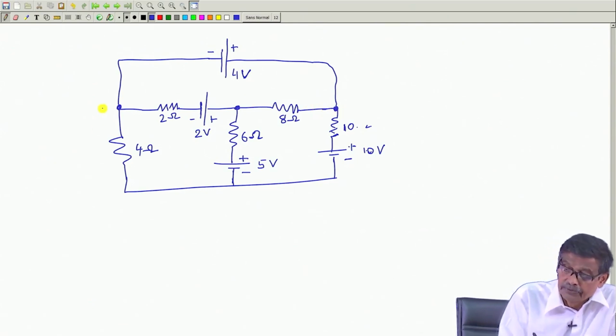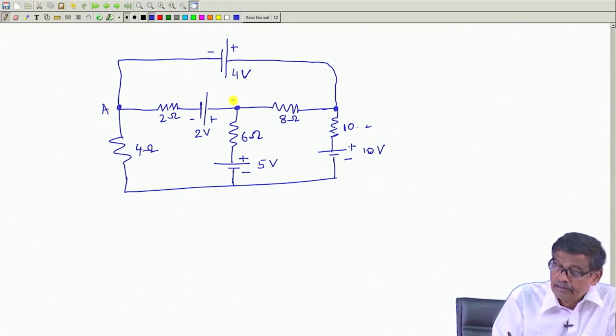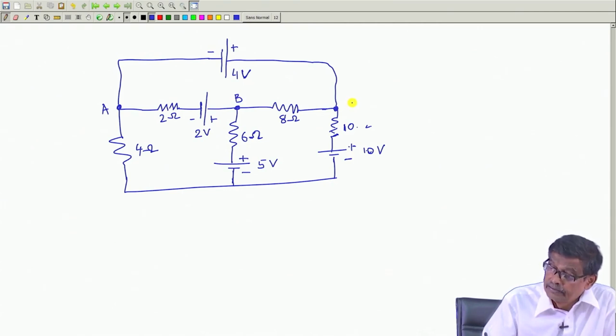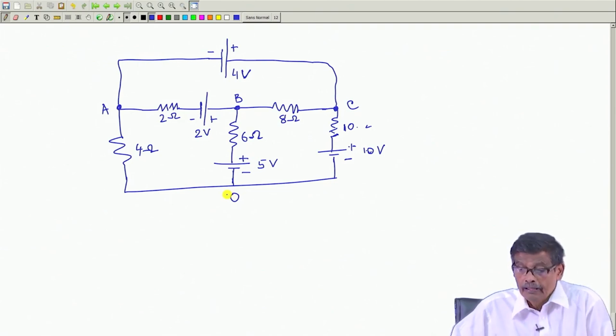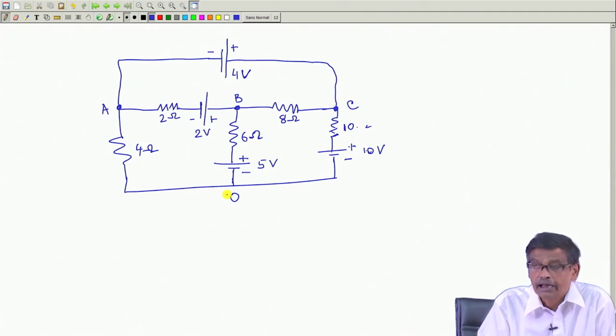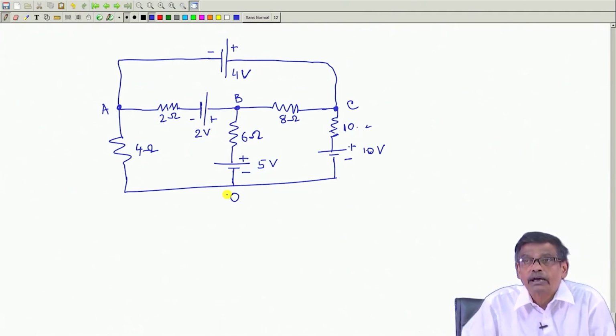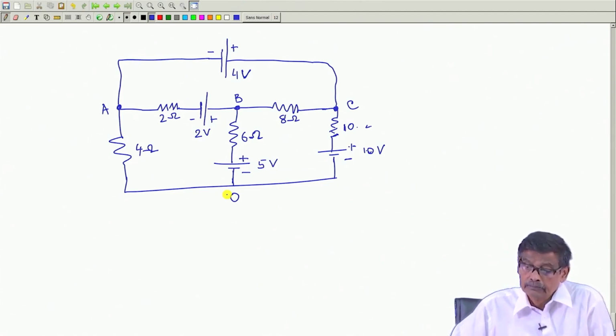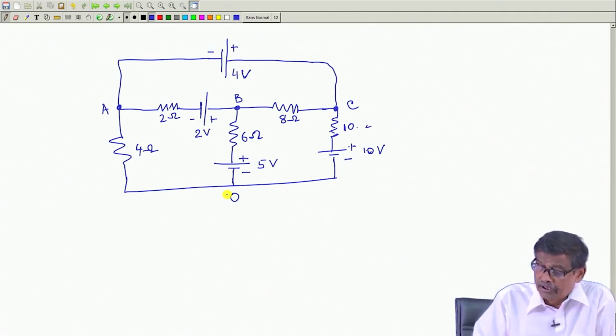For example, you name them A, B, C, and suppose O. Then your target will be to solve for V A 0, V B 0 and V C 0, if you have chosen O as your reference node. And we know how to write down the KCLs at the different nodes. Now, suppose I have chosen O as my reference node.